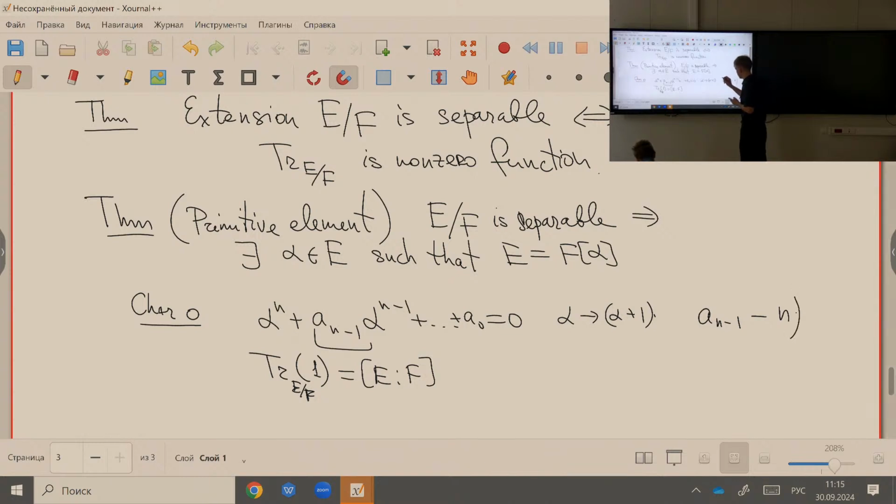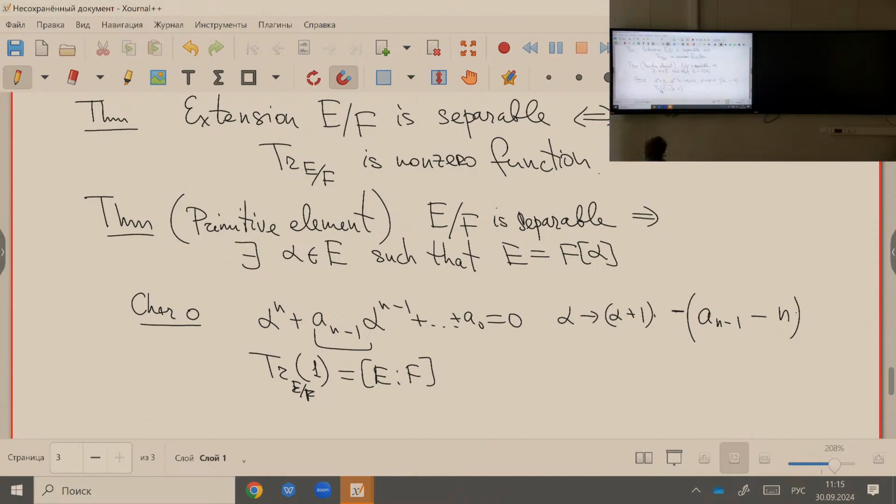So the trace of the element is changed by n, and the trace is just changed by the degree of the extension, as we know from the fact that this function is linear.